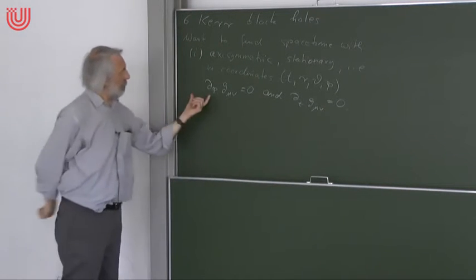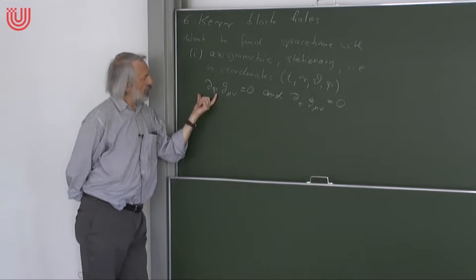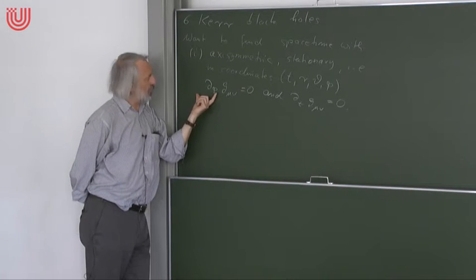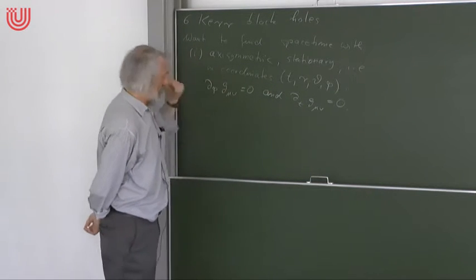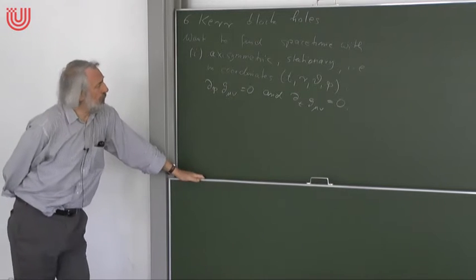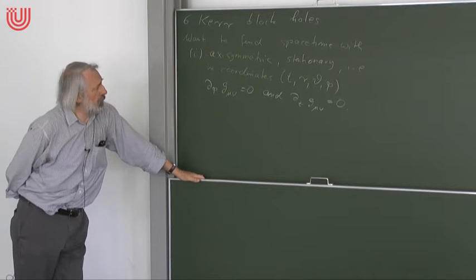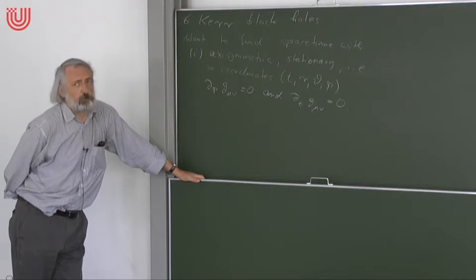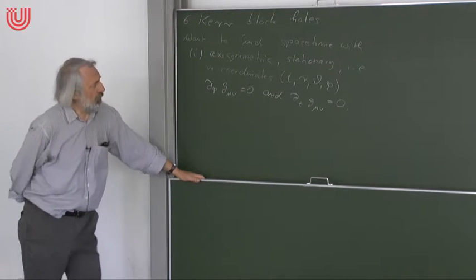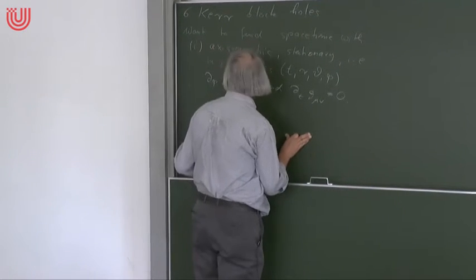Maybe you remember that this is the defining property of what we call a Killing vector field. If this equation holds, then we say that d/dphi is a Killing vector field. And if this equation holds, then d/dt is a Killing vector field, named after the German mathematician Wilhelm Killing. So in this case, we have only two Killing vector fields, much less symmetry than in the Schwarzschild case.